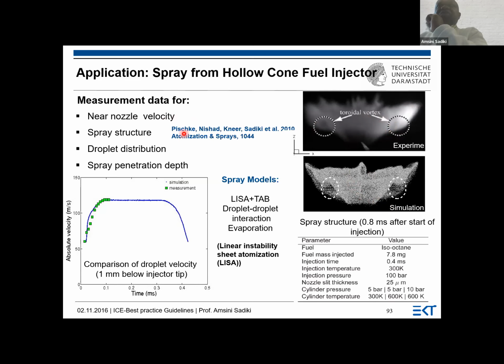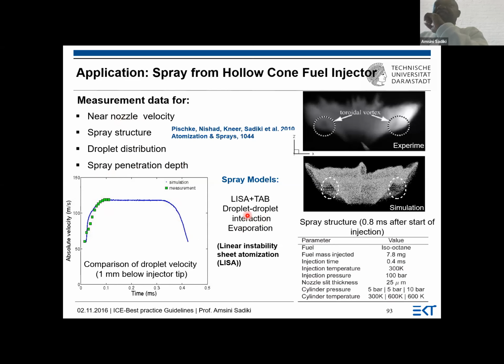It was work we did with our colleague in Karlsruhe and now in Aachen, and we did it with Nishad and myself. The measurements were carried out by Pischke, for the spray structure, the droplet distribution, the droplet velocity, the spray penetration depth, and the near-nozzle velocity as well.